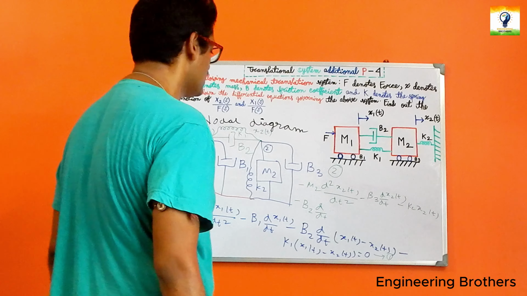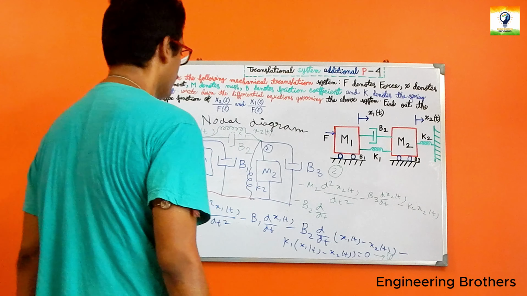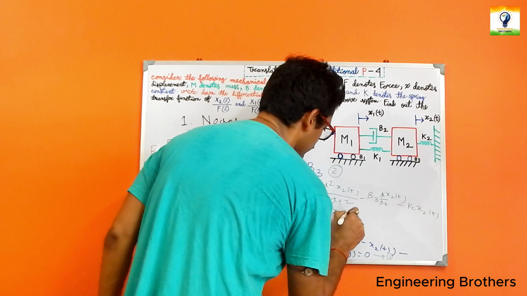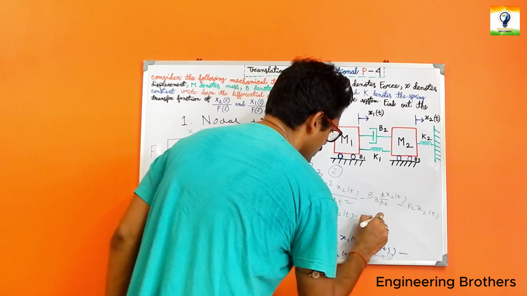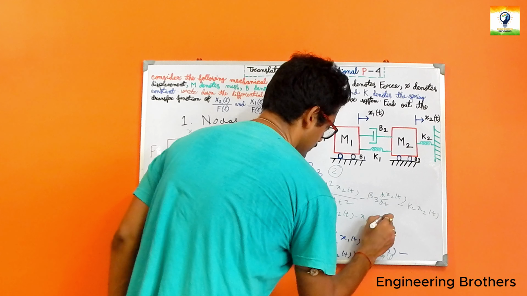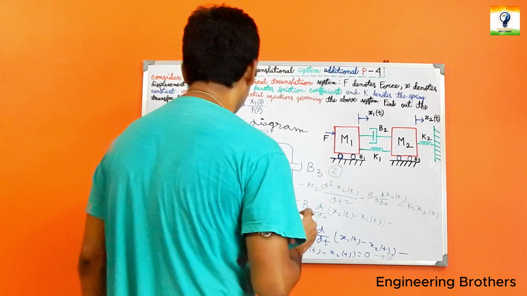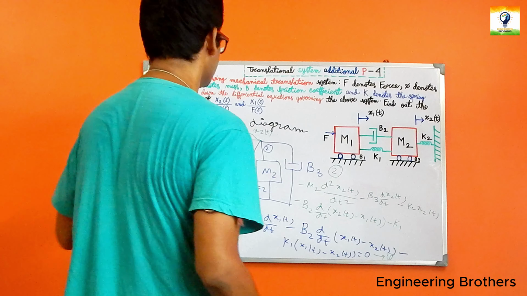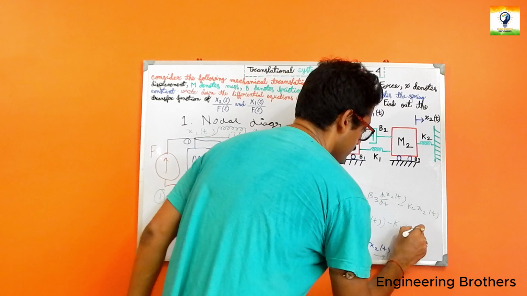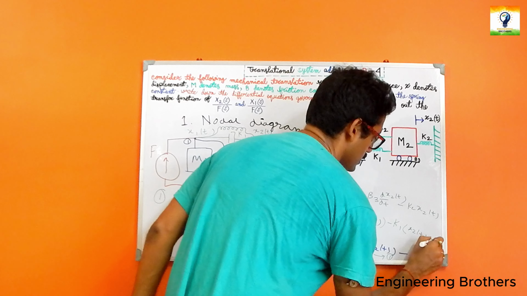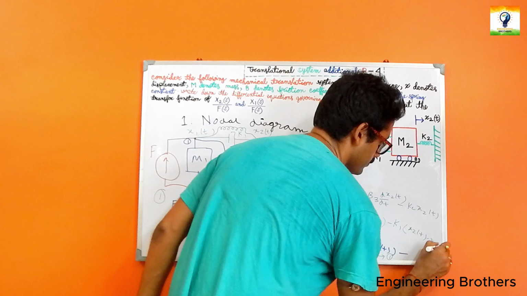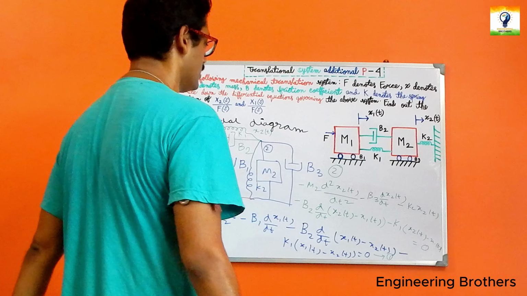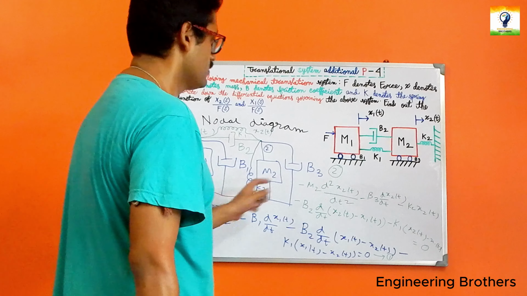And last but not least, minus k1 times x2(t) minus x1(t). The summation of all these resistive force elements is nothing but 0.